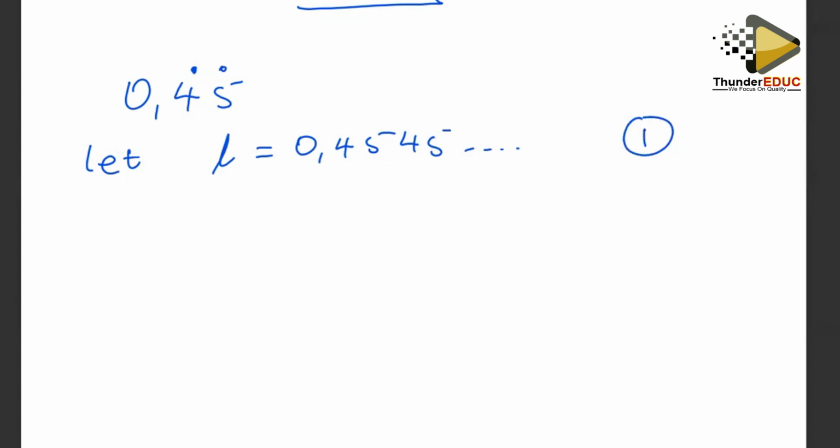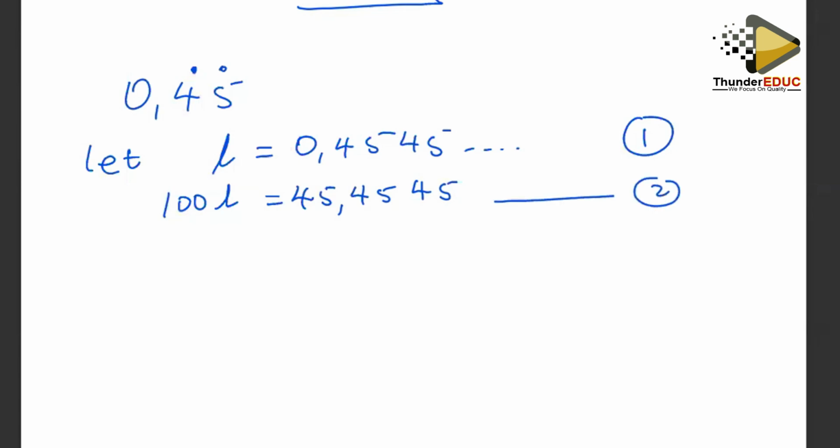This is equation 1. Then since it's 2 digits that are repeating, I'll multiply by 100. So 100L is equivalent to 45, 45, and then 45. So initially, if you had 4 numbers after the comma, you must keep the same numbers after the comma, even in the equations that follow.